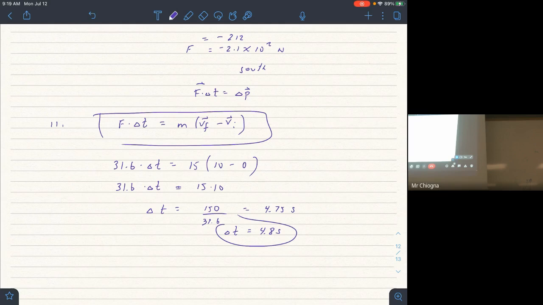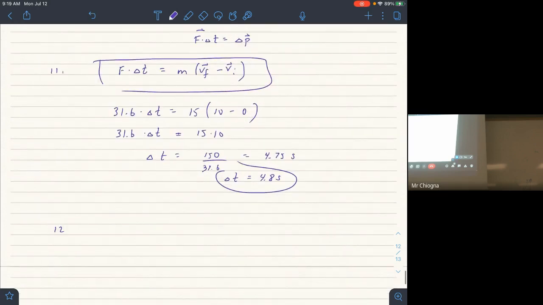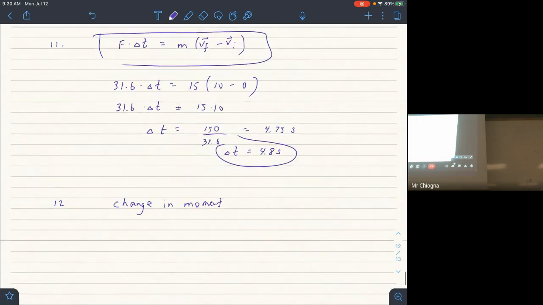Okay, 12. Look at the expression, change in momentum. Now that is equal to this. That's what the right side usually is referred to, but it's also equal to this.